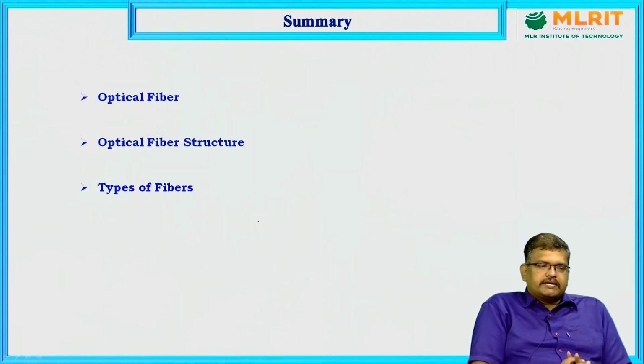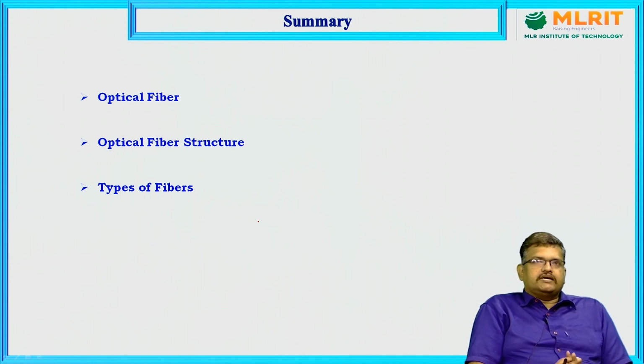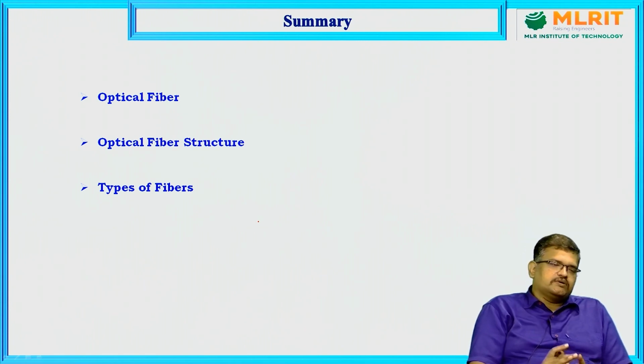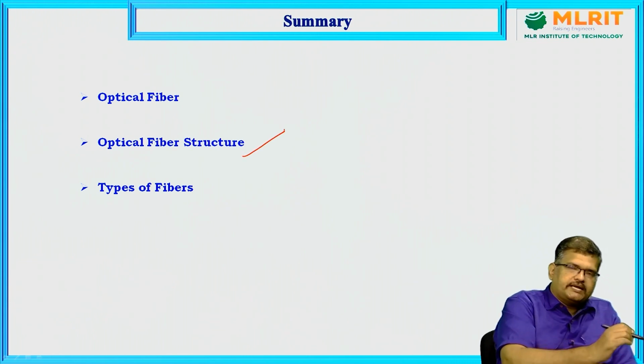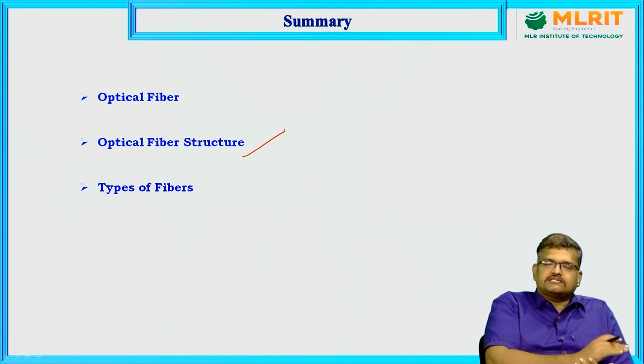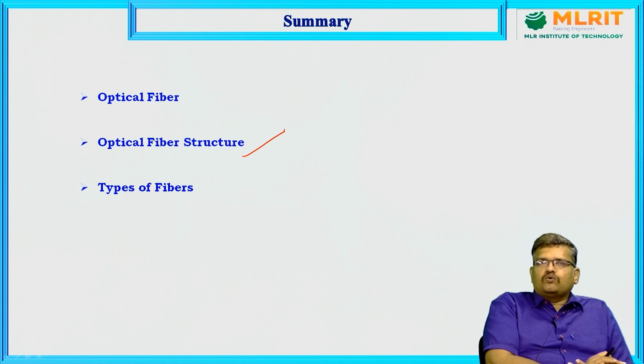Now we see a summary. First we discussed what a fiber is and the importance of fibers. Later we discussed the structure of optical fibers. The main structure of the fibers is core, cladding and buffer coating.